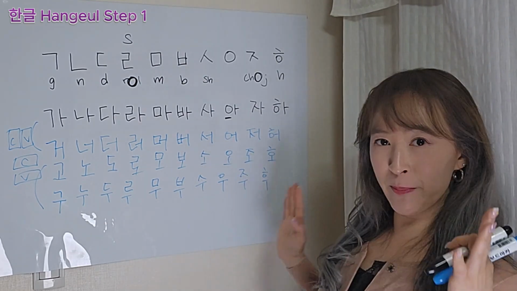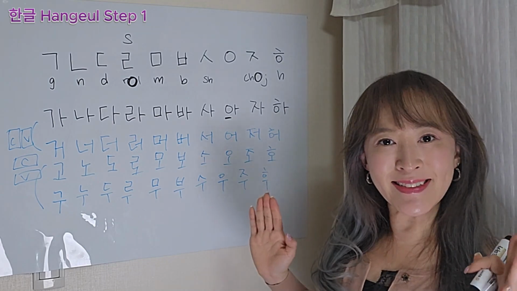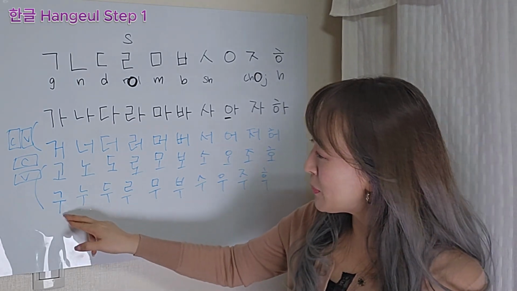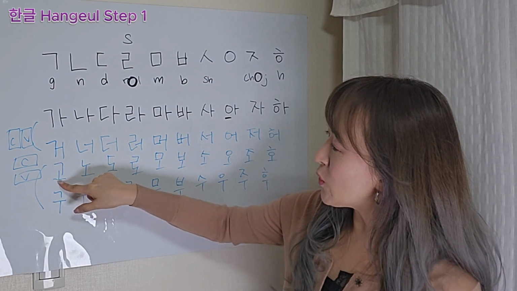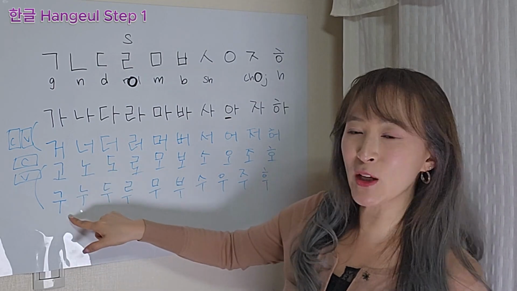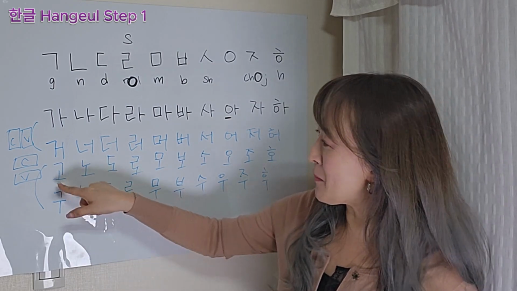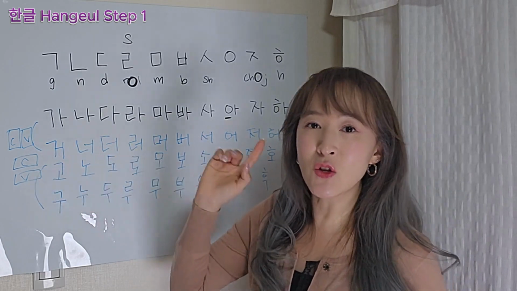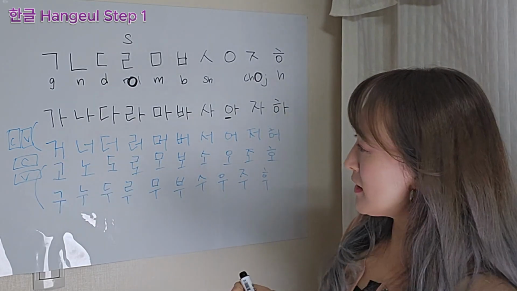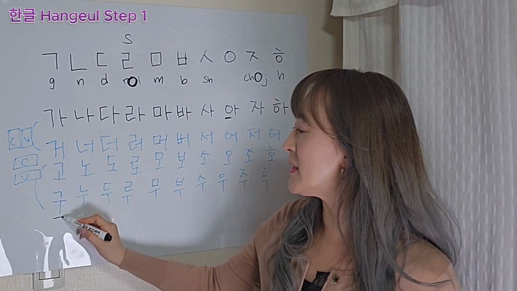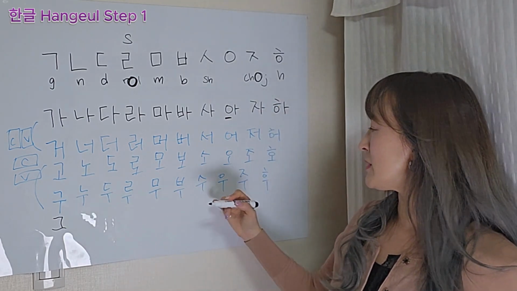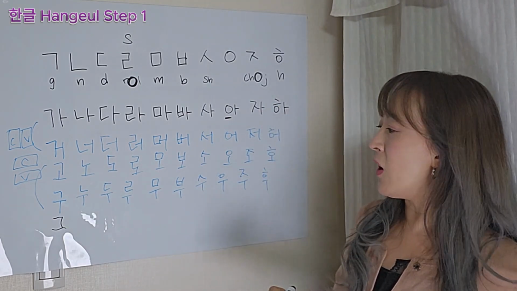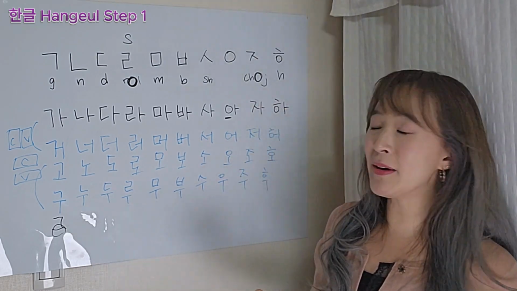If you notice a pattern here, remember we put the line with U for O and U, and then it went to the bottom of the consonant. So it's the same with the U. So if you want to put U and say geu, neu, deu, reu, meu, beu, seu, eu, jeu, heu, they all go to the bottom.